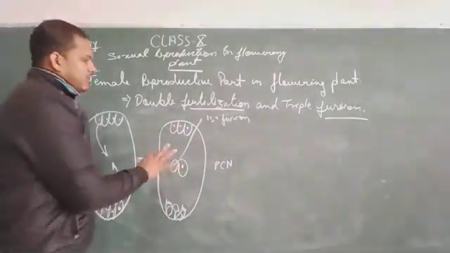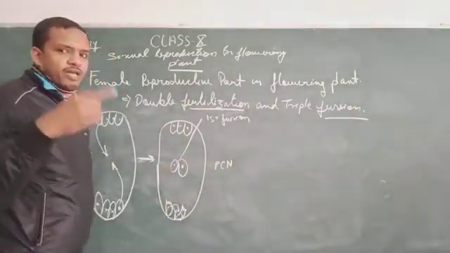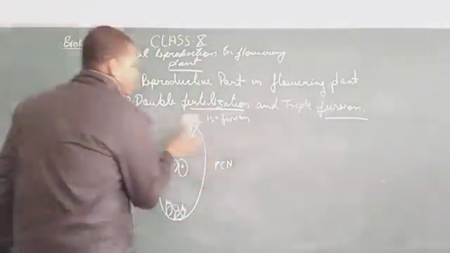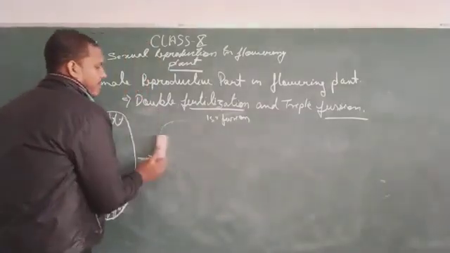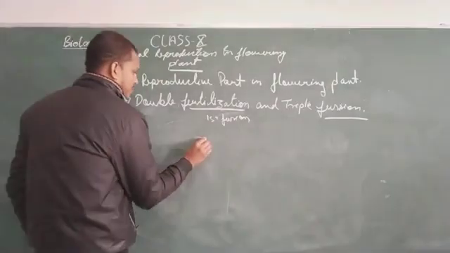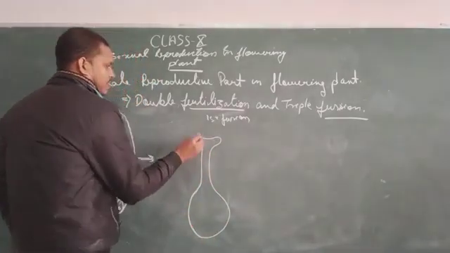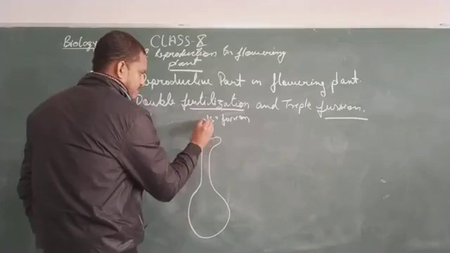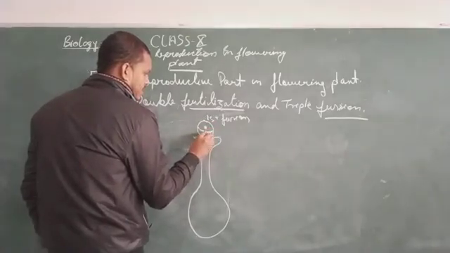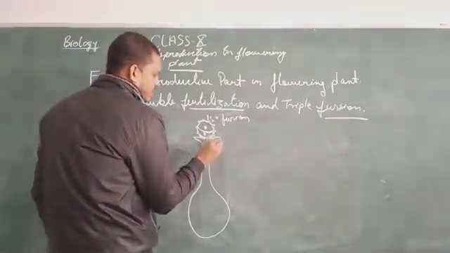Now, when this structure is present inside the ovary and a mature pollen grain falls on the stigma, the pollen tube germinates. We will draw the structure in a different way. Suppose this is the pollen grain, as I told you in the last class; it is receptive in the mature condition.